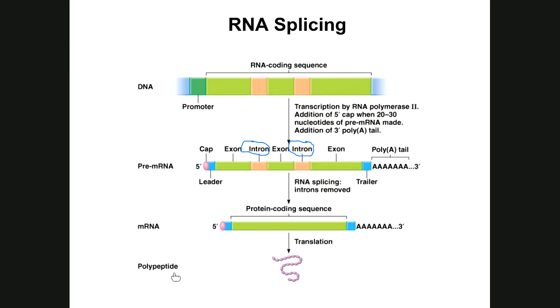Therefore, the third modification that has to occur is RNA splicing. Simply put, RNA splicing has to do with removing these introns. So the introns are removed during RNA splicing. And the same enzyme that removes these introns will reattach the exons to each other.